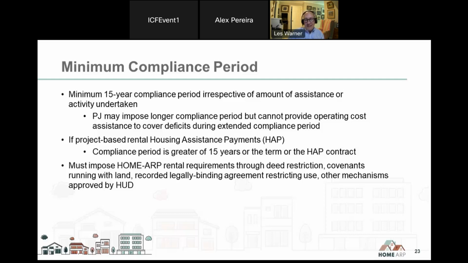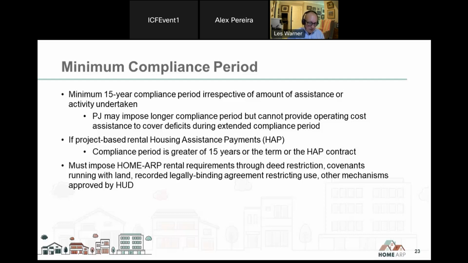So this is pretty standard for what we do under the HOME rental program. Similarly, you would see deed restrictions and land covenants being used for low-income housing tax credit projects. Essentially, if the property owner were to choose to sell that property during that affordability period, that transaction would be restricted by this deed restriction or land covenant, and that would transfer those restrictions onto the new owner of that property.